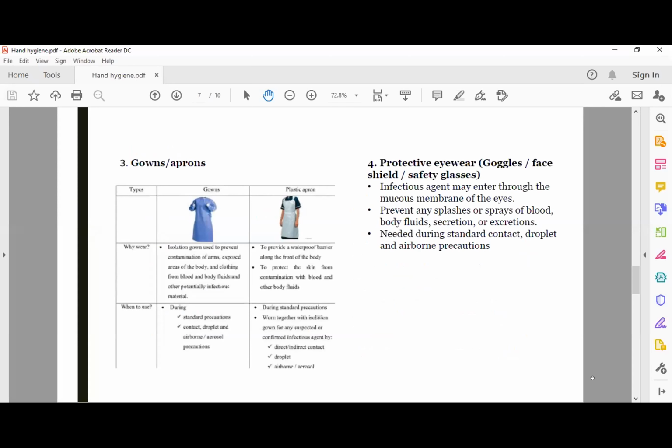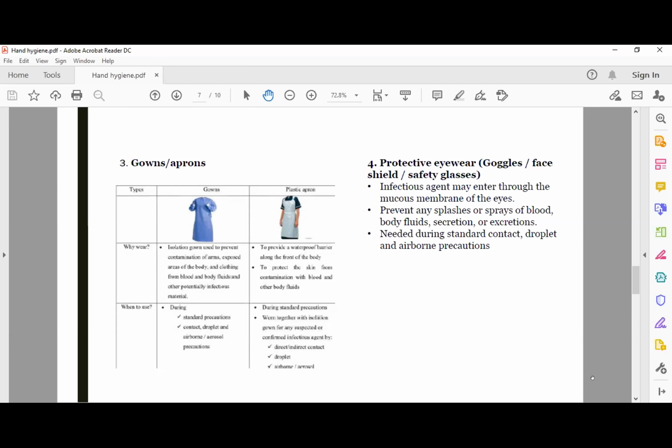The plastic apron provides a waterproof barrier along the front of the body and protects the skin from contamination with blood and other body fluid, and is also used during standard precaution. And if there is any suspected or confirmed infectious agent, it has to be worn together with the isolation gowns.